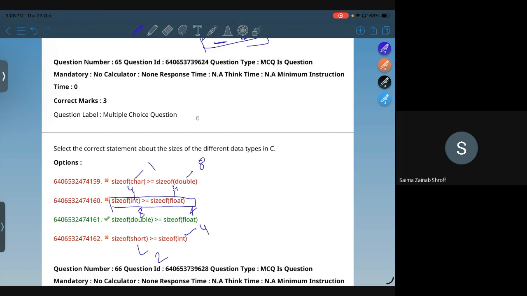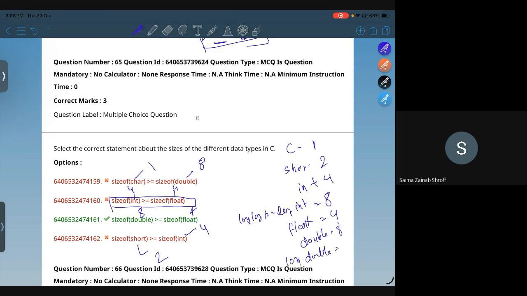Let me just directly check with the compiler. For char it's 1 byte, short is 2 bytes as we mentioned, int is 4 bytes, long int is 8 bytes, float is 4, double is 8, and long double is 16.